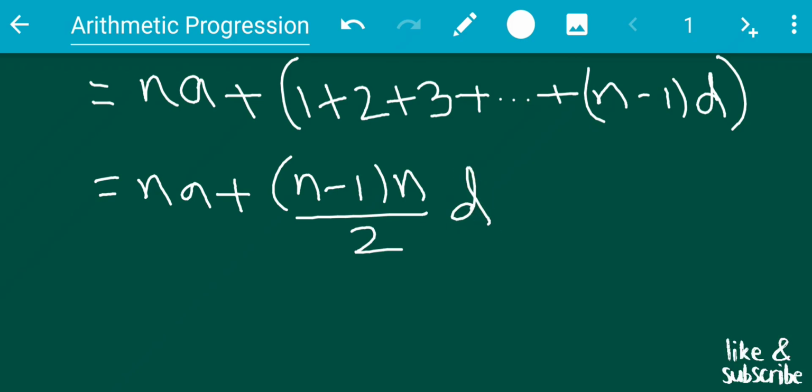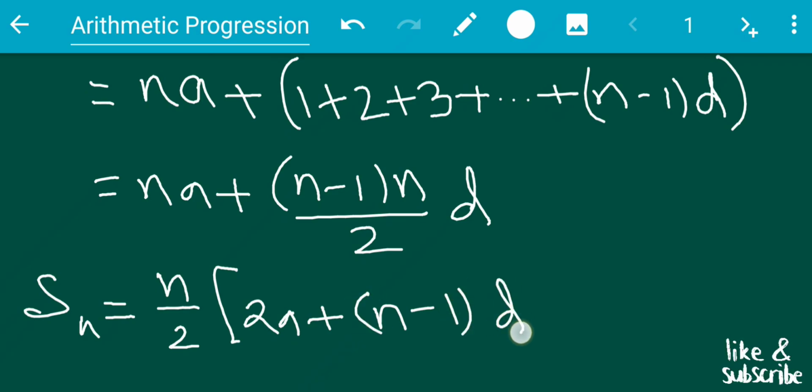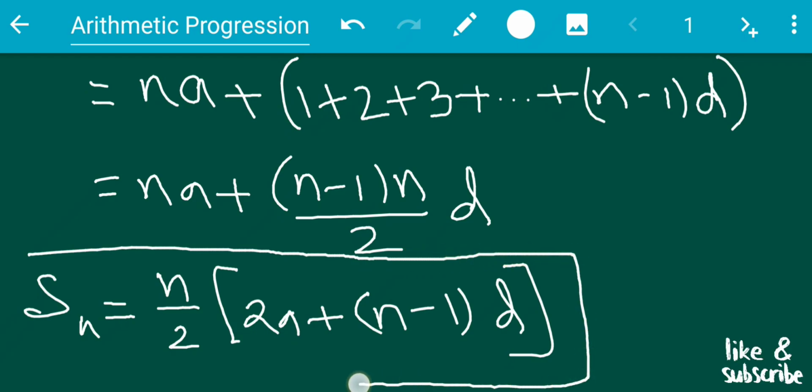If I take n by 2 common, then Sn is equal to n by 2 into twice a plus n minus 1 d. So this is the formula for summation of n terms of AP.